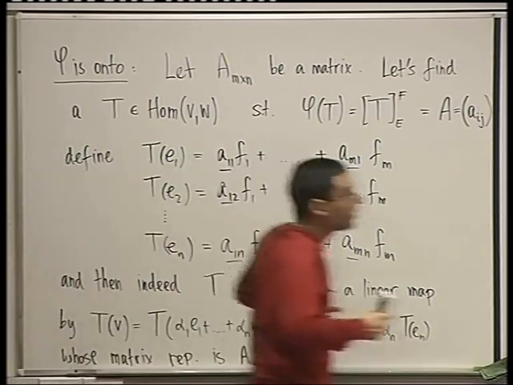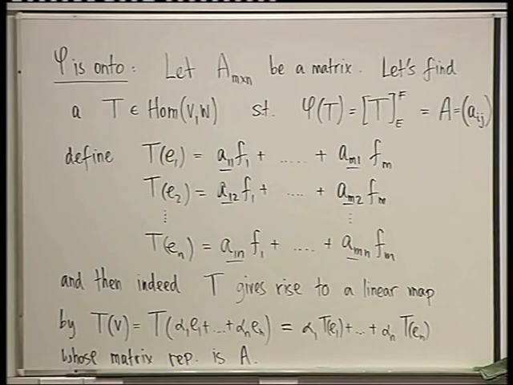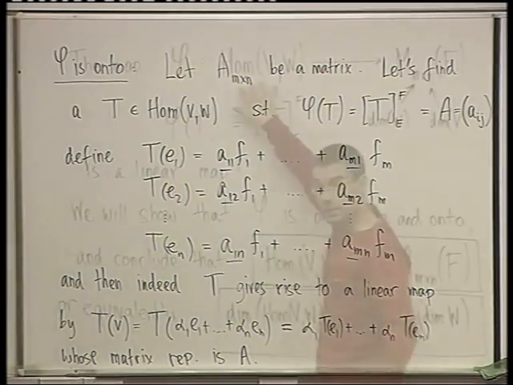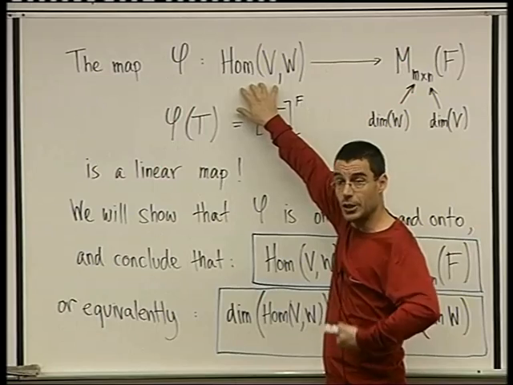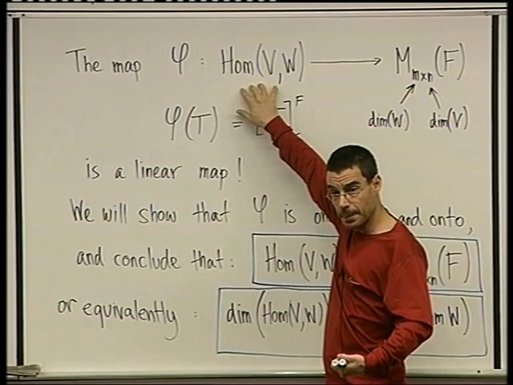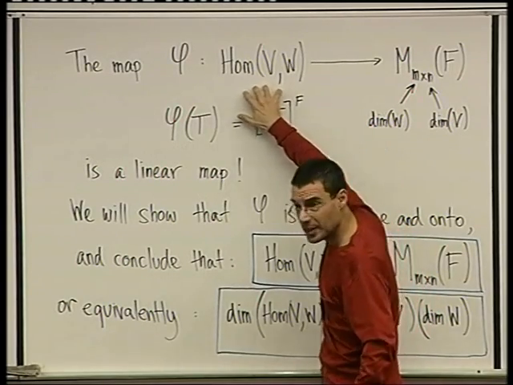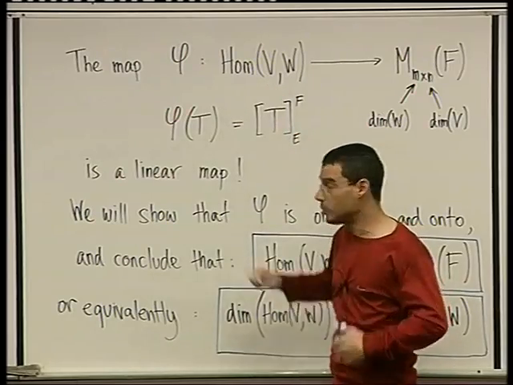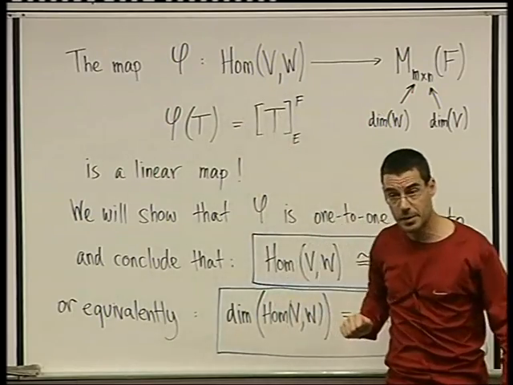Okay? So let's recall what we did here. We defined Hom VW as the space of all linear maps. Okay? And we said that it itself is a vector space with respect to operations on linear maps.